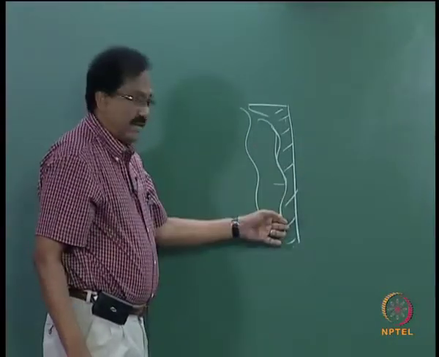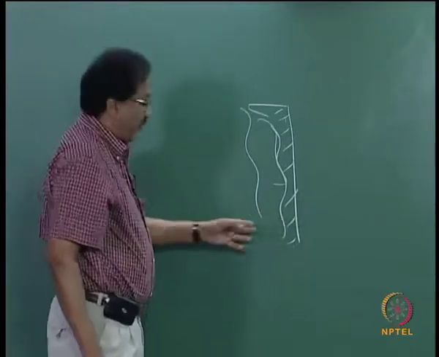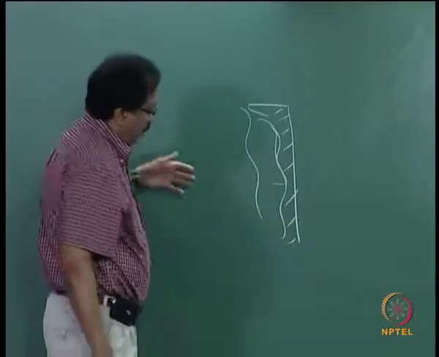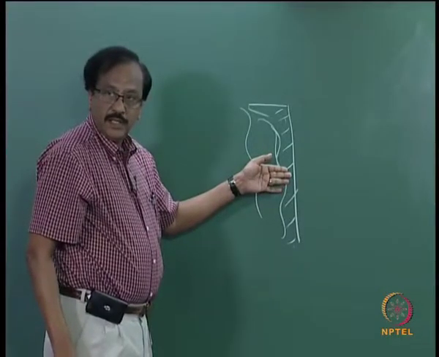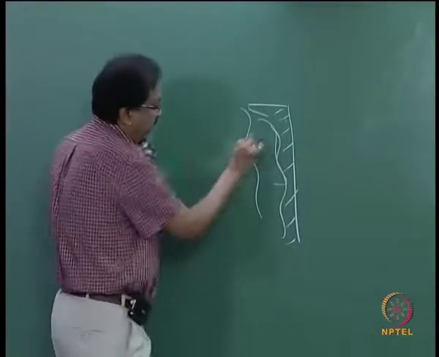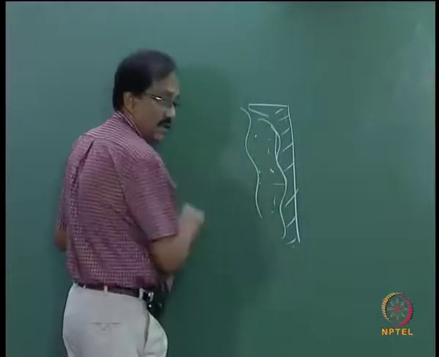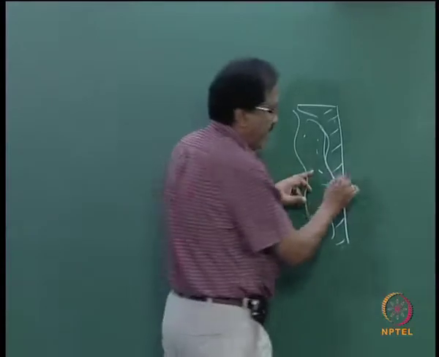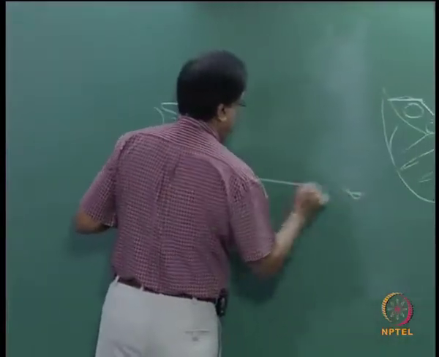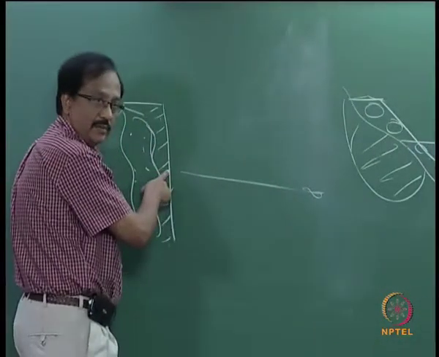Now, in this case, the major force acting on this wall would be the earth pressure, because it is retaining the earth, and occasionally there may be some wave action on this wall.